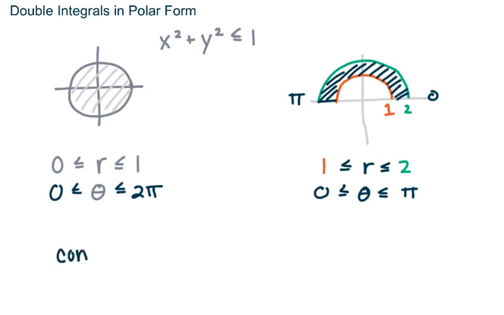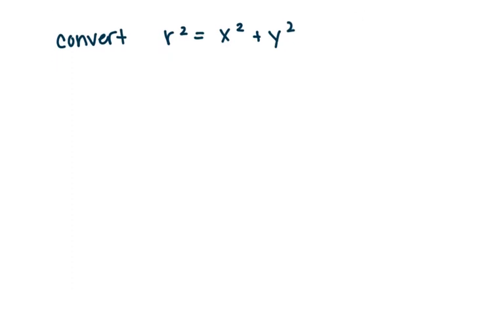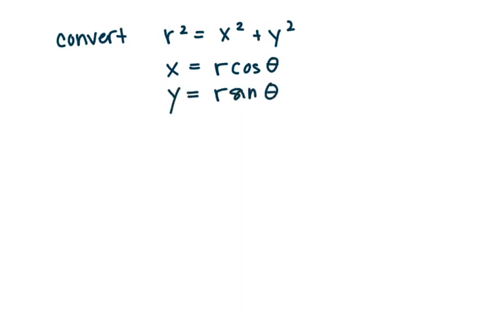We've got some common conversion formulas that we use to help us convert. We have r squared equals x squared plus y squared. We also say that x is equal to r cosine theta, and that y equals r sine theta.